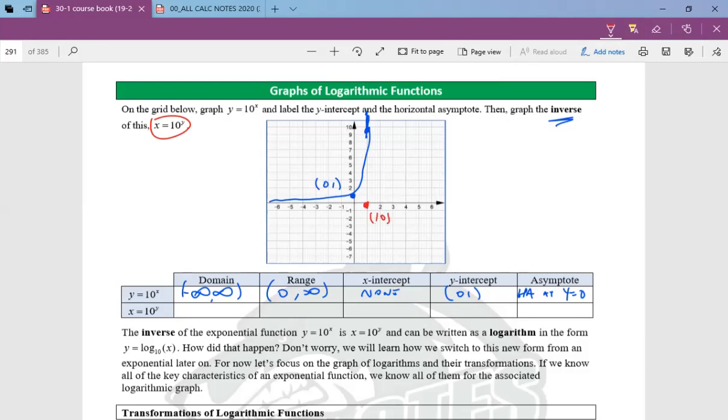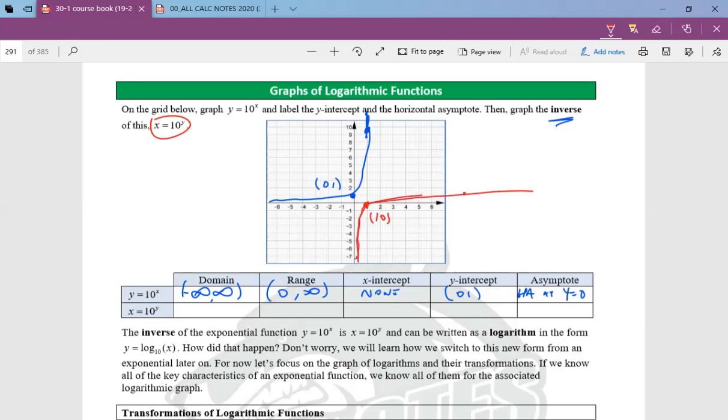If we look at some other points, when y is 1, x is 10 to the 1. So it's going to go off in this direction. If we plot out some points, you can see that it starts to look like this.